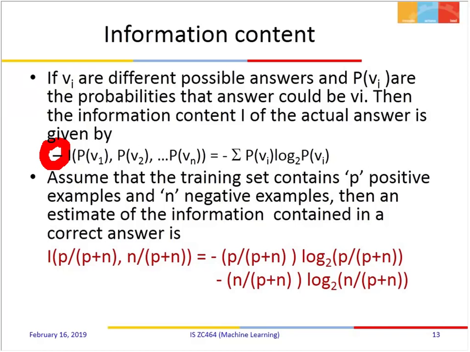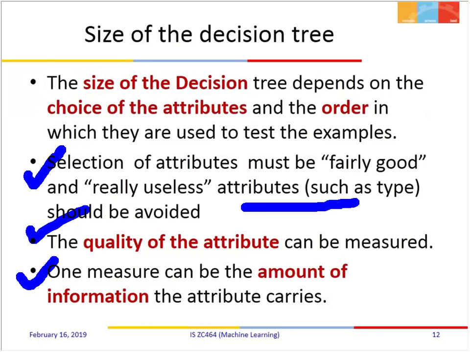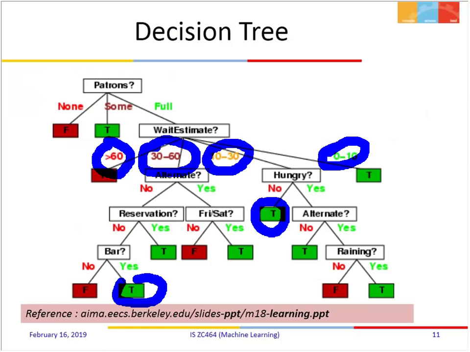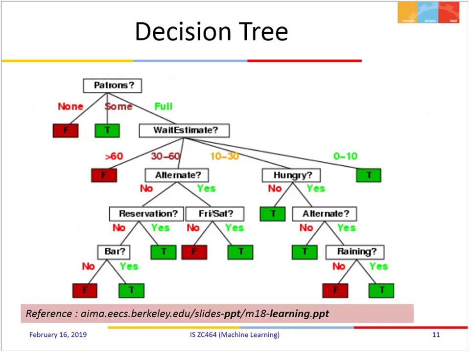If you have 3 values, as in the weight estimate I showed you, it is not going to be as simple as P by P plus N or N by N plus P. In these 4 cases, suppose I take the probability of waiting for more than 60 minutes, when I have taken, let us say, 100 observations.